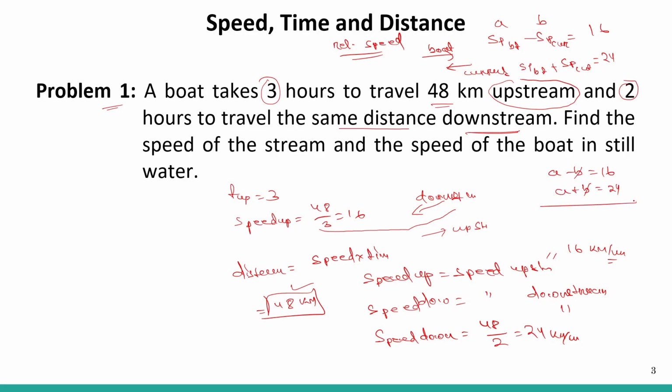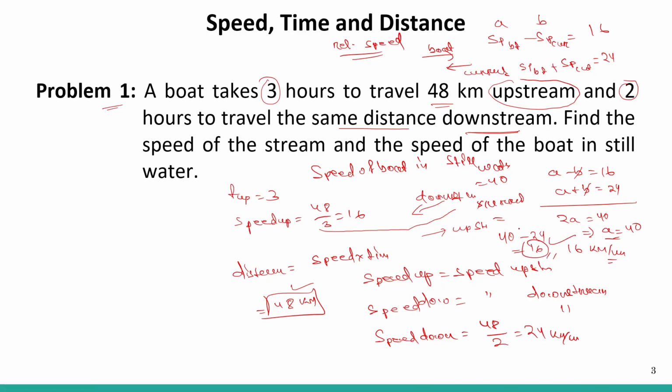Solving this simultaneous system of linear equations, we are left with 2a equal to 16 plus 24, which is 40. This implies that a is equal to 20. So the speed of the boat in still water is 20, and the current is 24 minus 20, which is equal to 4 kilometers per hour.